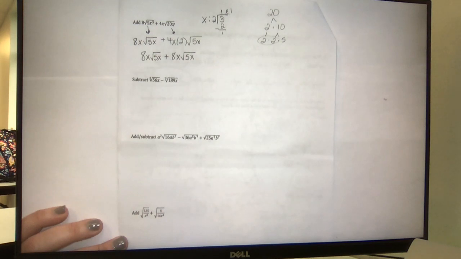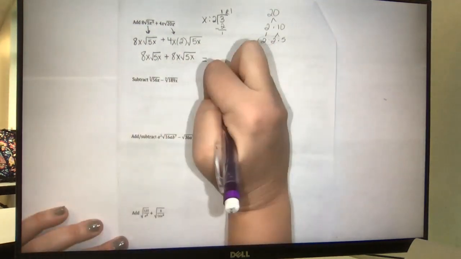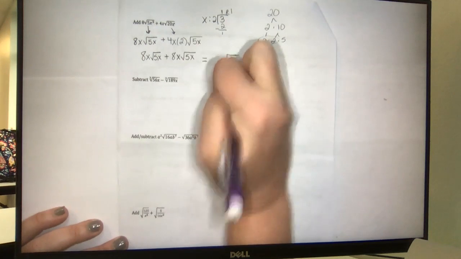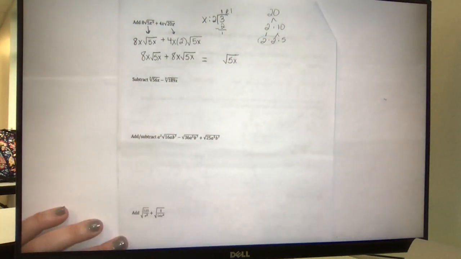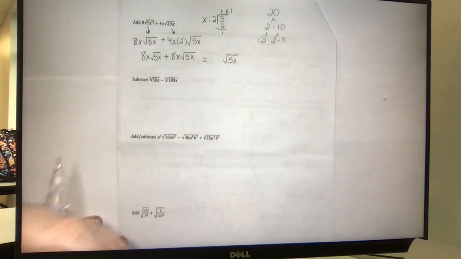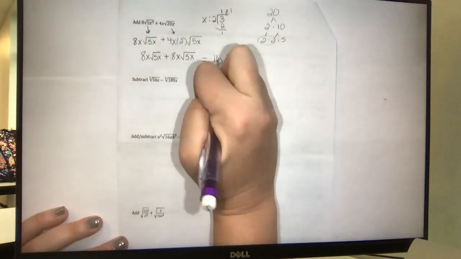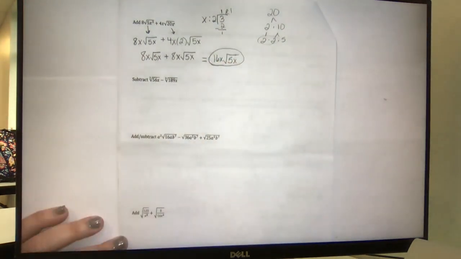Now I can combine. Okay, so we know there's going to be a square root of 5x in your answer. So all you're adding is 8x plus 8x, which is 16x. And you get 16x square root of 5x. Okay. That look all right? Okay.